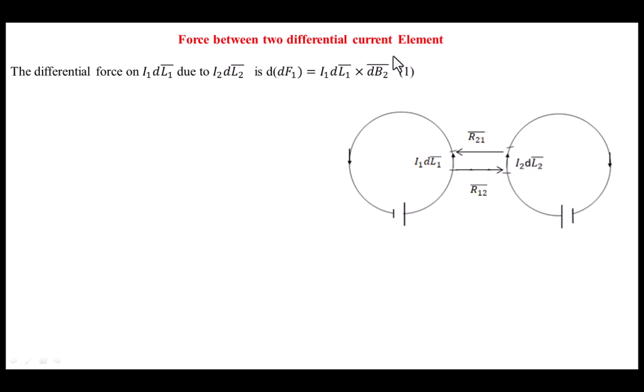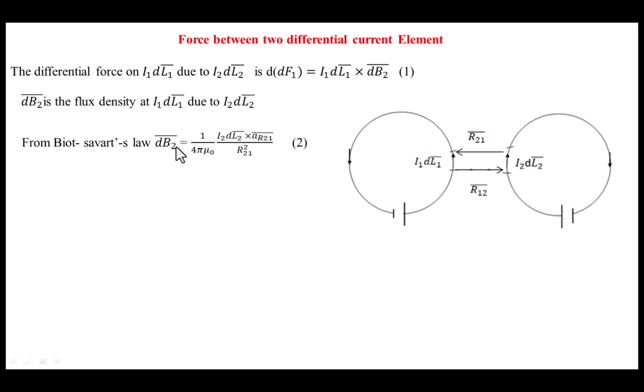Now we are going to find the differential flux density at this point due to this current element from the Biot-Savart law. So dB2 bar equals 1 by 4 pi mu naught I2 dl2 bar cross the unit vector in this direction, aR21 bar, divided by the distance between the two current elements, that is R21 squared.